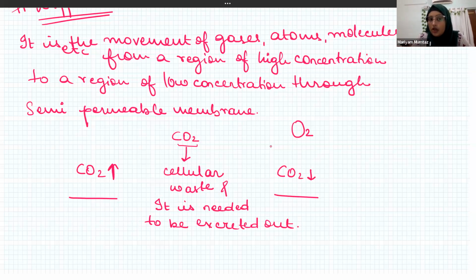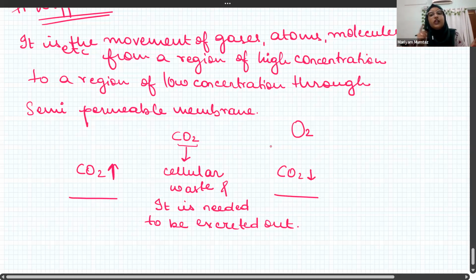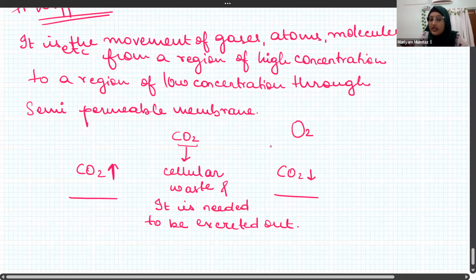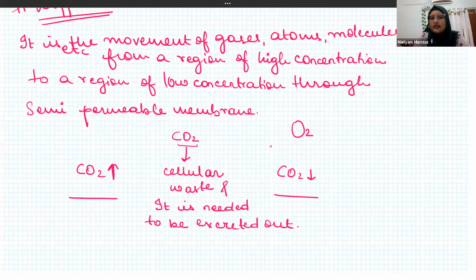So we are talking about diffusion. I told you that it is the movement of gases from a region of higher concentration to a region of lower concentration. So now, will the carbon dioxide move out of the cell or inside the cell? Out of the cell, because it is present in a larger quantity inside. Since it is toxic to us, it is a waste to us, we don't need it inside our body.